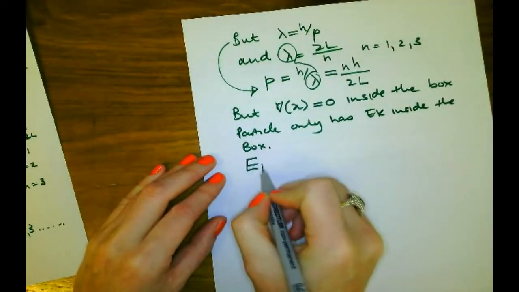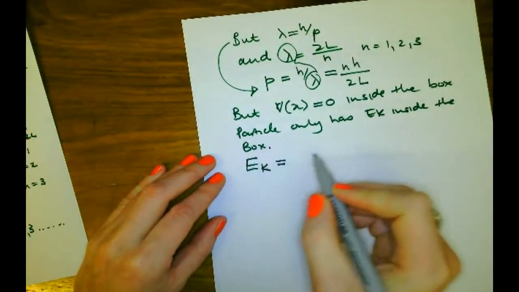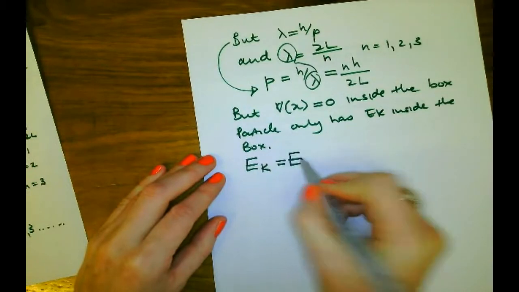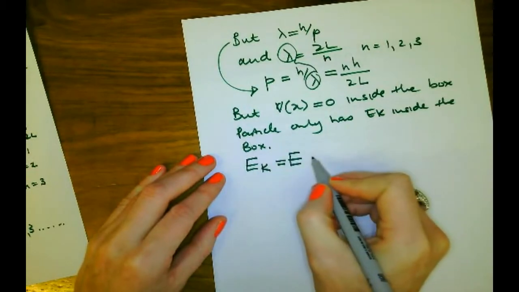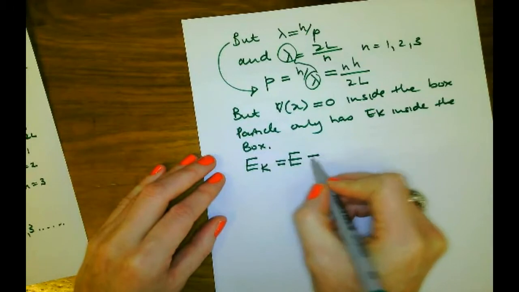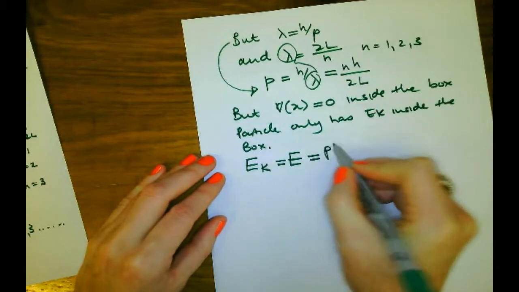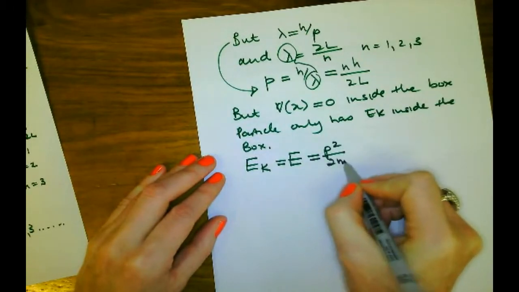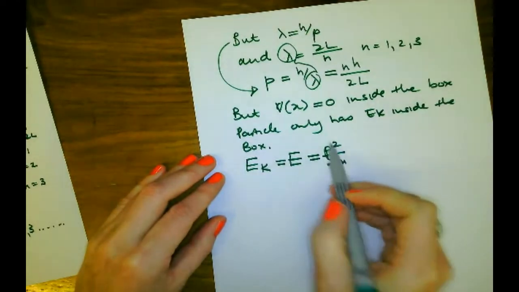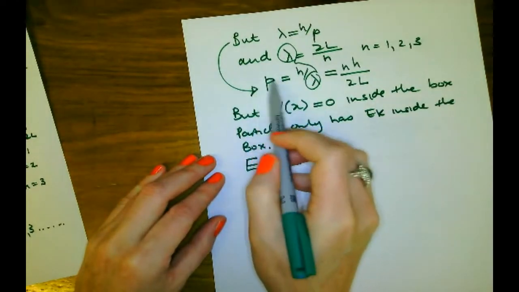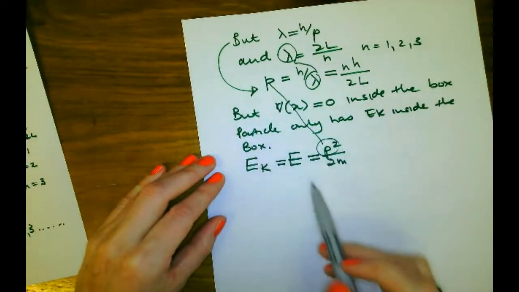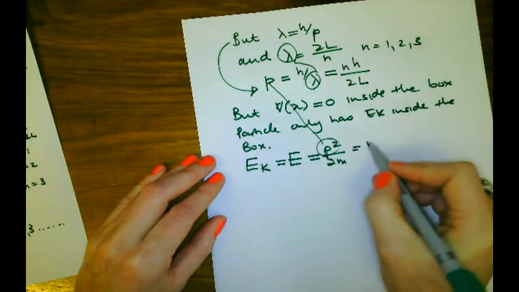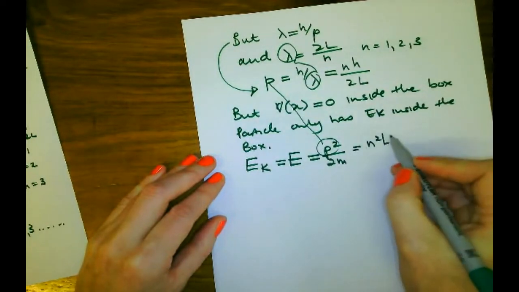So we have an expression for kinetic energy, but it only has kinetic energy, so the kinetic energy must be the total energy, which is equal to, remember this equation we've derived before. And now we have an expression for linear momentum that we can substitute there in terms of the length of the box.